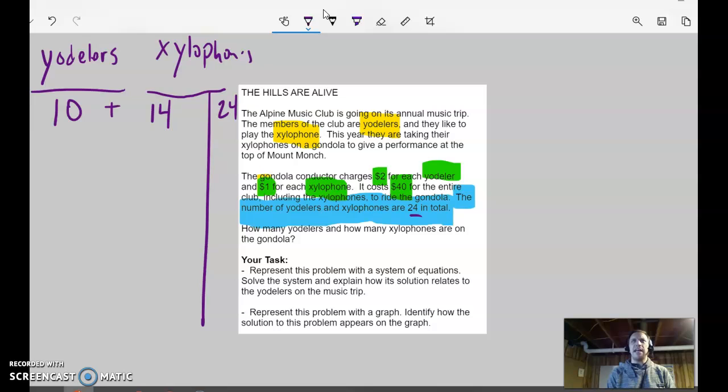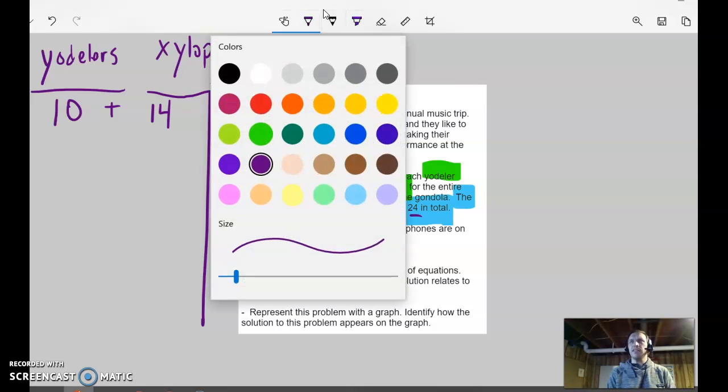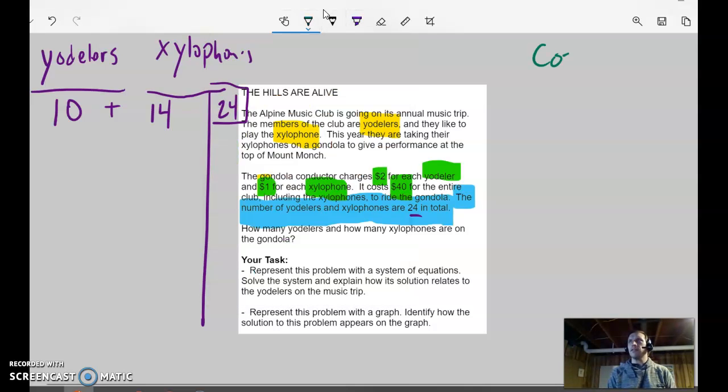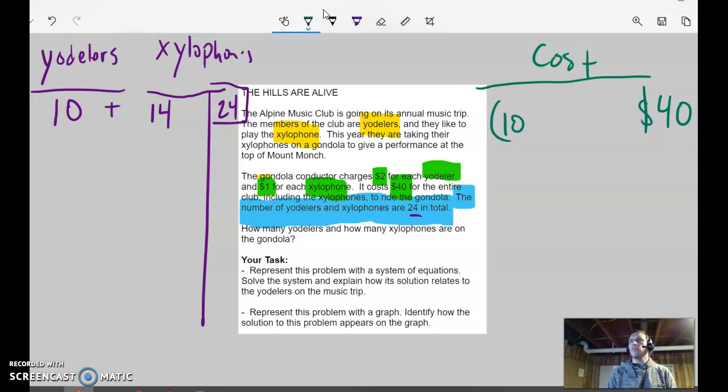And I can see I just need to add these two numbers to get to my total number. All right. But now, what's that going to cost? Because I want that to equal $40. So how do I find out if I guessed correctly? All right. So 10 yodelers. What am I going to multiply that by? $2 for each yodeler, so multiply that by 2.